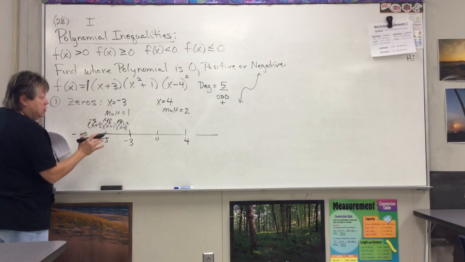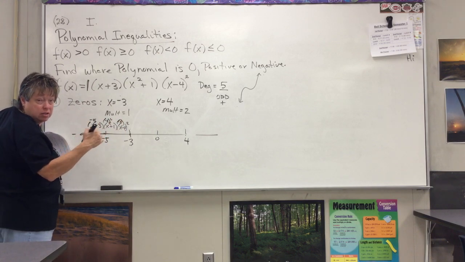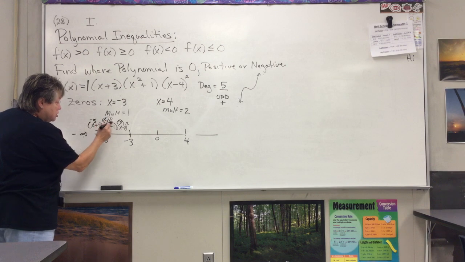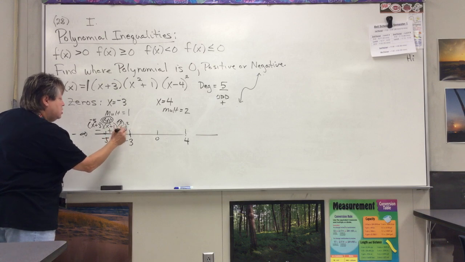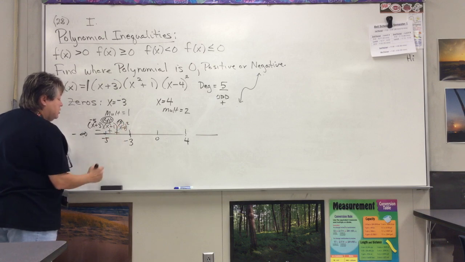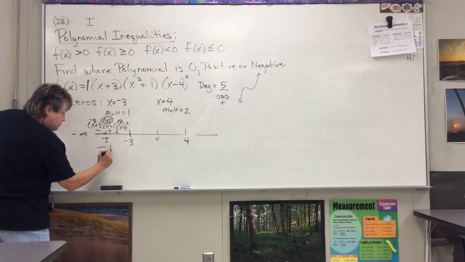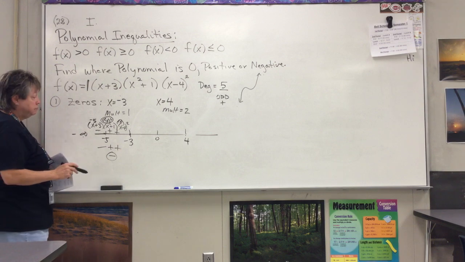I don't care about the value, I just want to know the sign. Is it positive or negative? Negative 5 plus 3 is going to be negative. Negative 5 squared is positive, plus 1 is positive. Negative 5 minus 4, squared, is going to be positive. A negative times a positive is going to be negative.